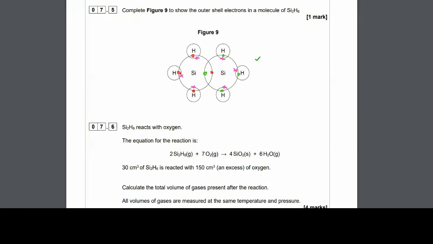All right, guys, let's move on. Okay, this is a 4-mark question. 7.6. Si2H6 reacts with oxygen.